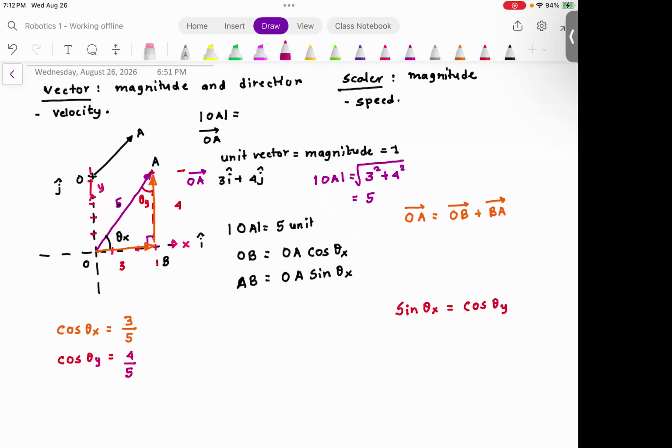Now, I'm going to give you a slightly different approach. I'm going to say that the unit vector in OA direction is n hat. To travel in x direction, you have the unit vector i. You are traveling 3 units in i direction.